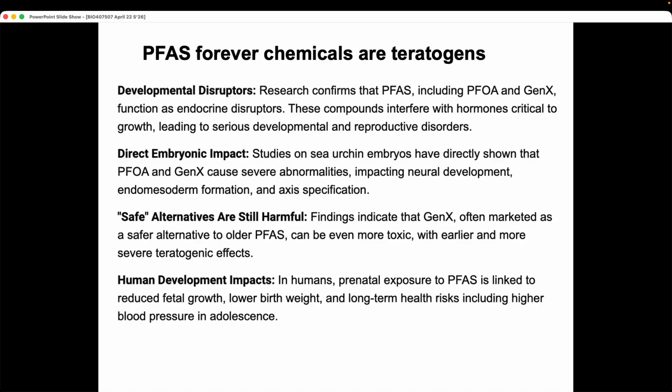And then these forever chemicals cause a variety of different types of toxicity, including being teratogens. There are a variety of abbreviations, PFOS and so forth, on products now, and they include toxicity issues where they function as teratogens.